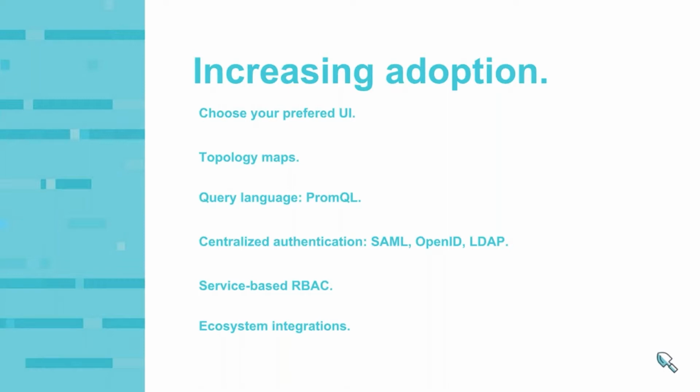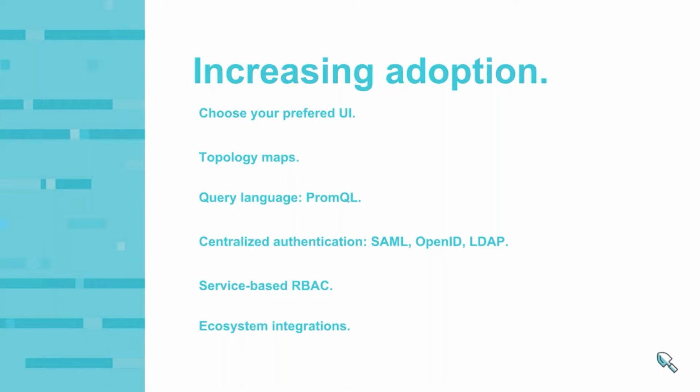Enterprises, as they broaden the use of a monitoring tool, will have to look at centralized authentication methods. And also, Prometheus doesn't have right now any way to limit the visibility of metrics to different users. Let's look at the options.